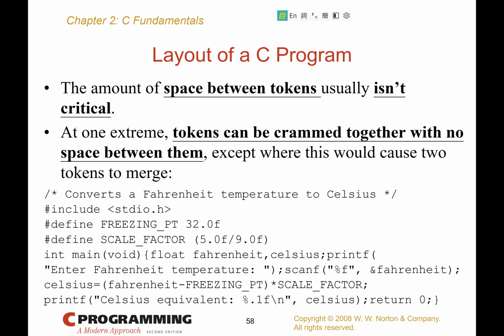Now, in a C program, sometimes a space between tokens is not critical, which means if you don't have a space between tokens, it's fine and okay with the compiler. Tokens can be crammed together without any space between them.